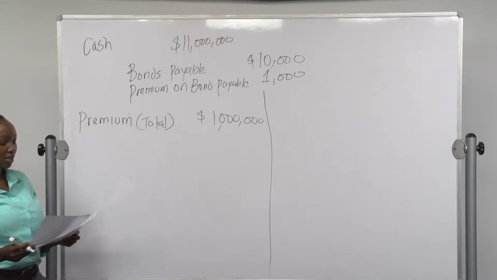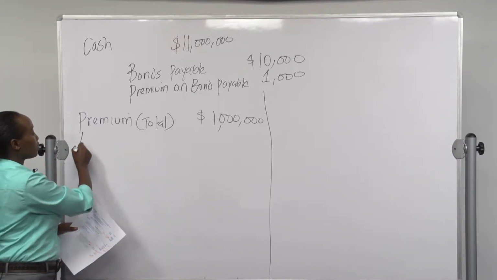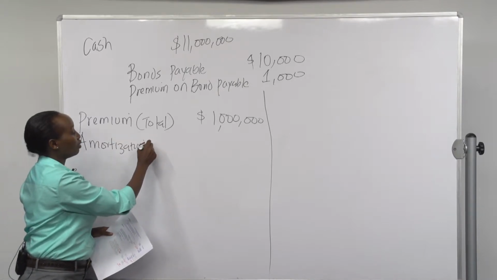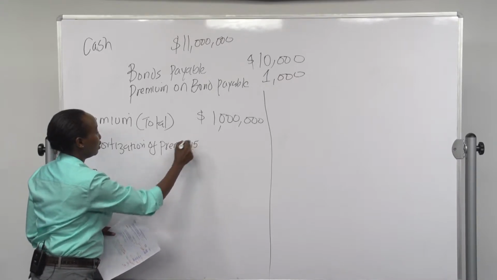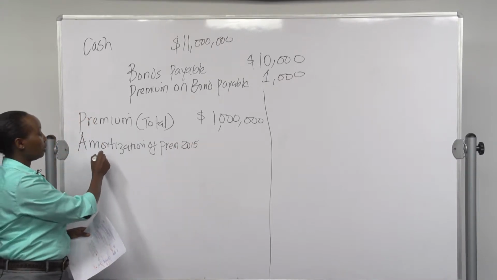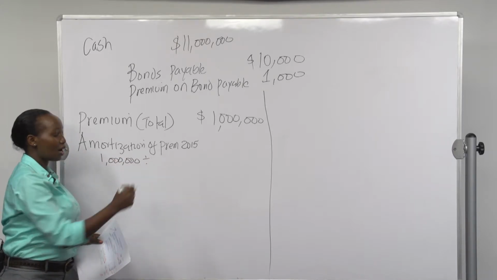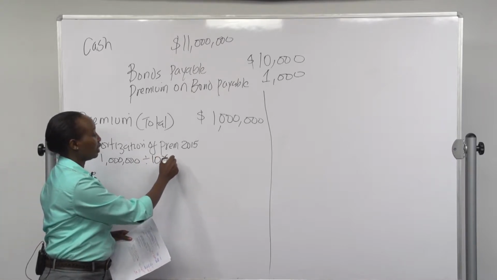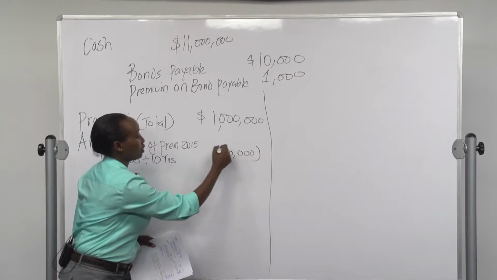This was in January 2015, so we have amortization of premium for 2015 and 2016. For 2015, we have 1 million, and since this is being amortized over a period of 10 years, we divide by 10 years, giving 100,000 for 2015.